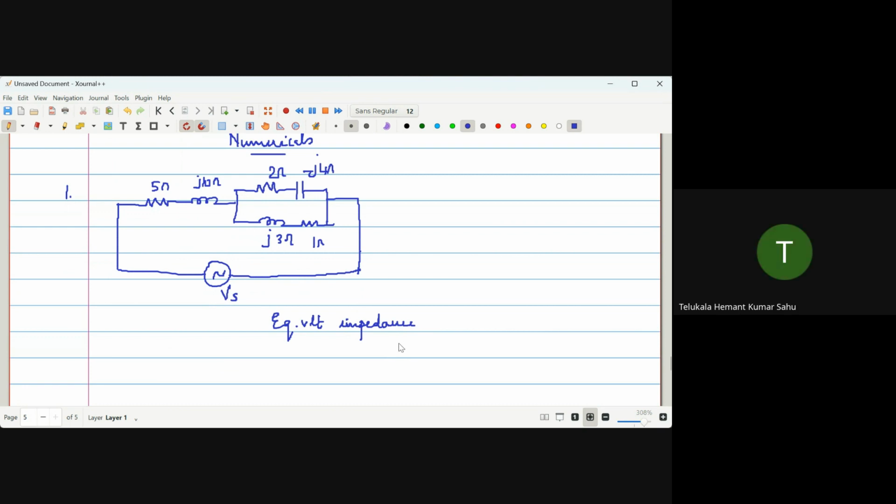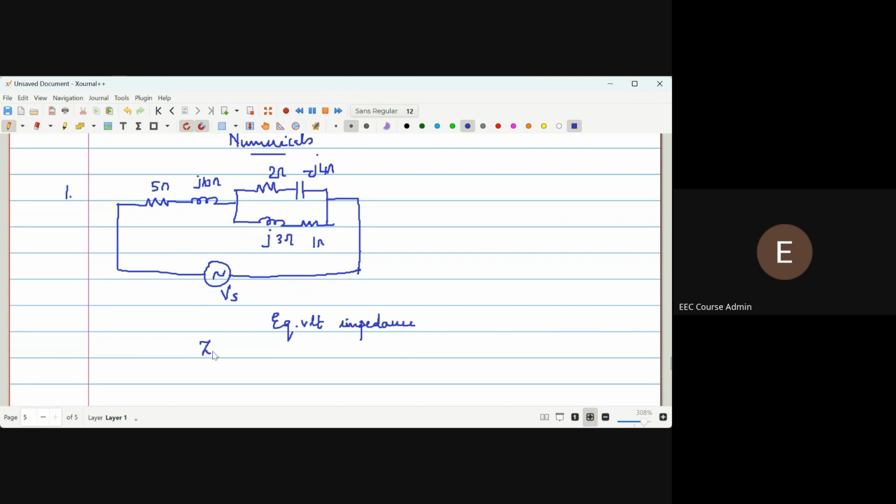Ma'am, as per the diagram, we have to make a series calculation of 2 ohms and minus j4 ohms. Yeah, you can just tell me which are in series, which are in parallel. Ma'am, 2 ohms and minus j4 ohms are in series, ma'am. We have to add, that is 2 minus j4. And this is 1 plus j3. These are parallel, ma'am. Parallel calculation we have to do.